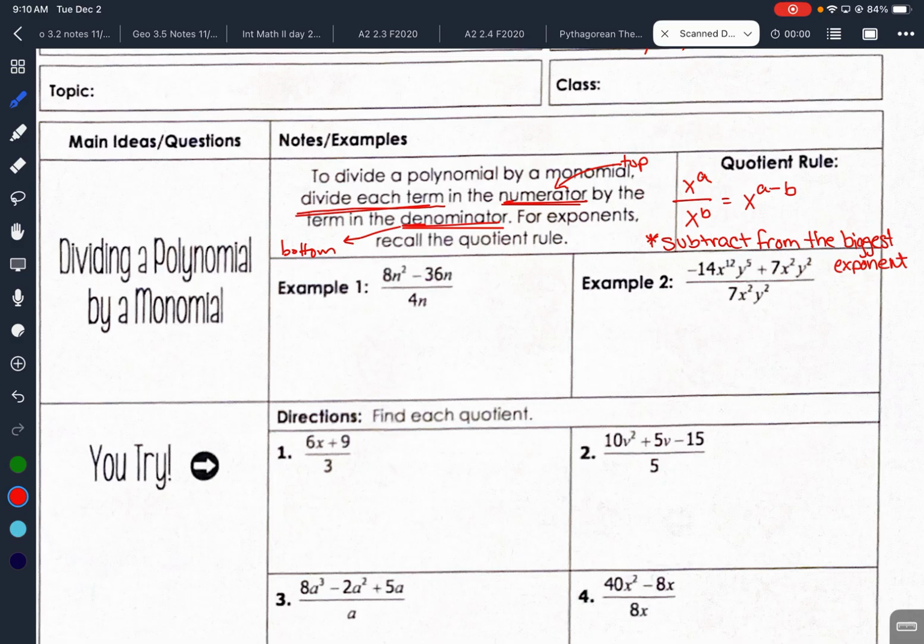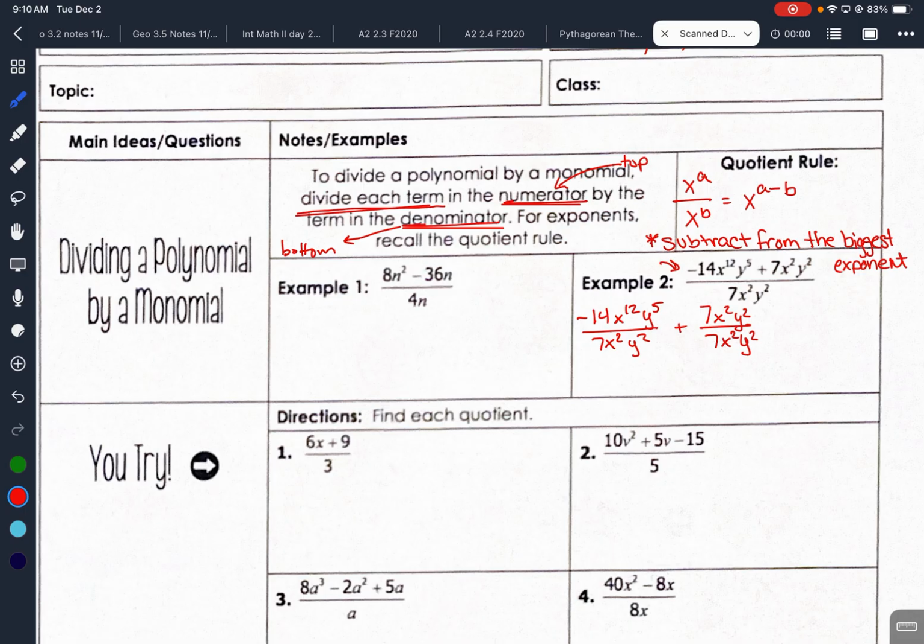So we're going to write negative 14x to the 12th, y to the 5th, divided by 7x squared, y squared, plus 7x squared, y squared, divided by 7x squared, y squared. All I did was take that fraction that I started with and pull it apart. It was put together, and I'm going to pull it apart. And now I'm going to divide each one.